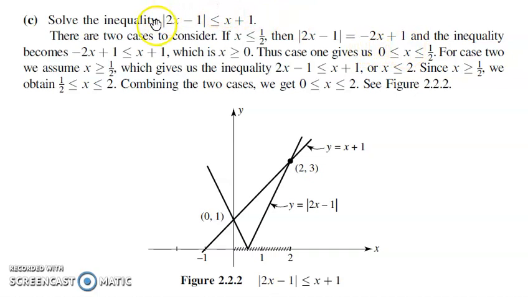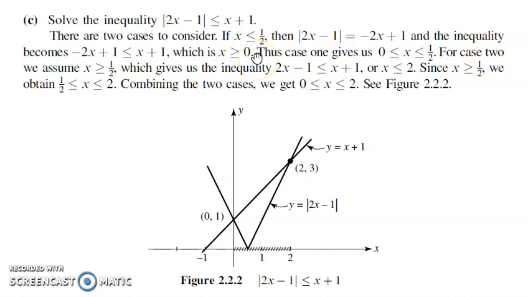Substituting in the inequality, we get minus 2x plus 1 less than or equal to x plus 1. By simplifying, we get x greater than or equal to 0. So in case 1, x less than or equal to 1 by 2 gives x greater than or equal to 0.